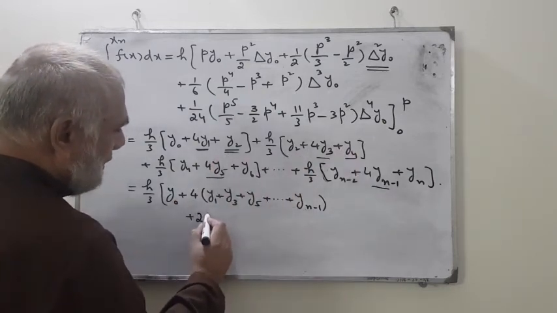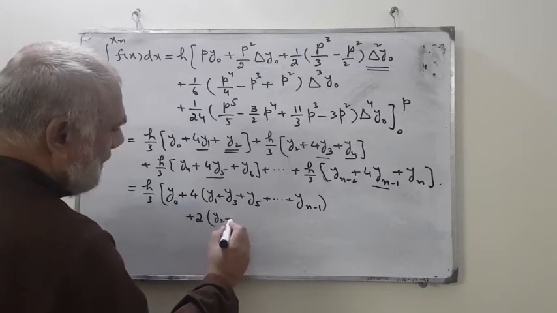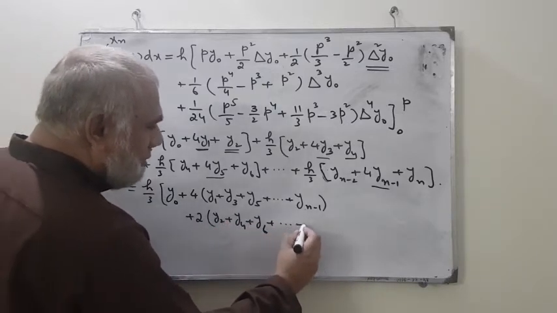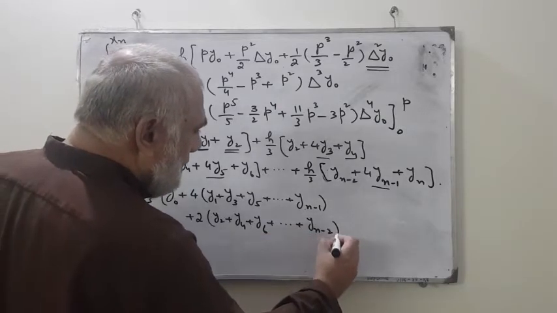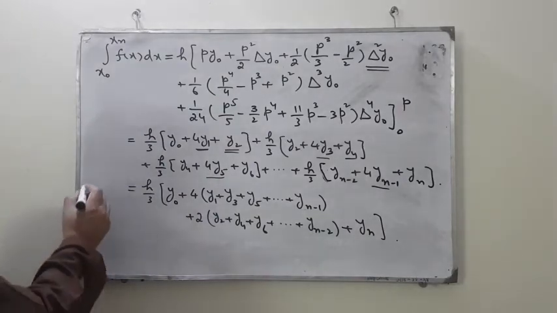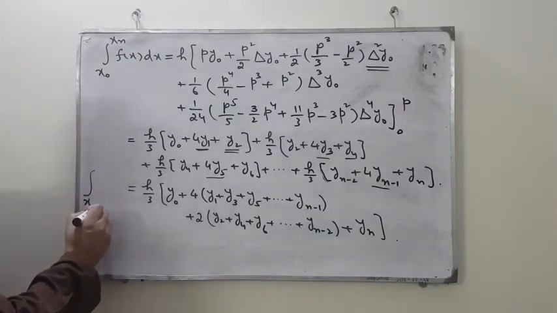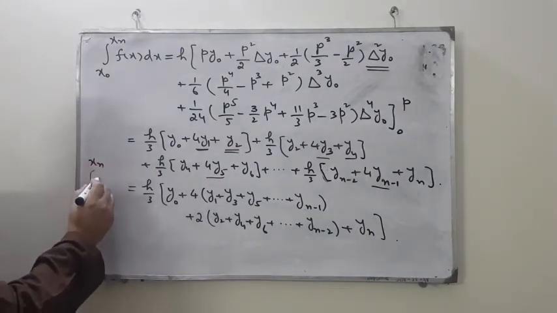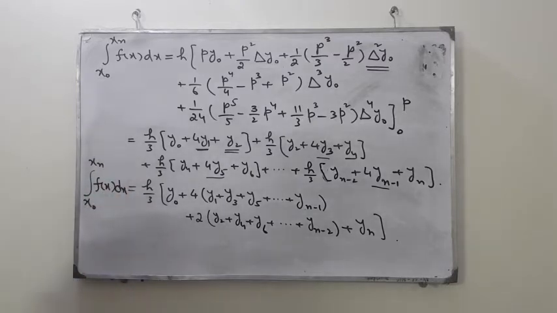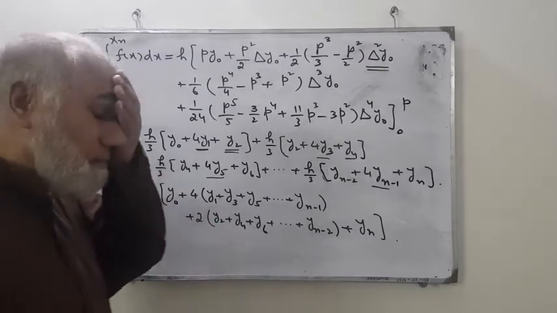So these are going to be multiples of 2: y2, y4, y6, and so on. And the last term as it is. So this is your second formula, which is named as the Simpson's 1/3 rule.